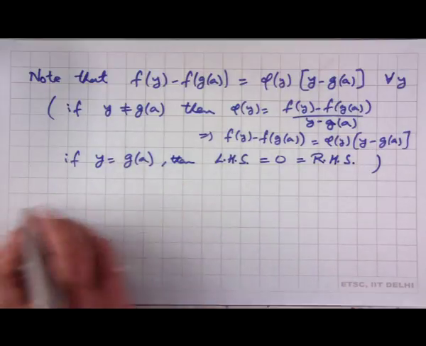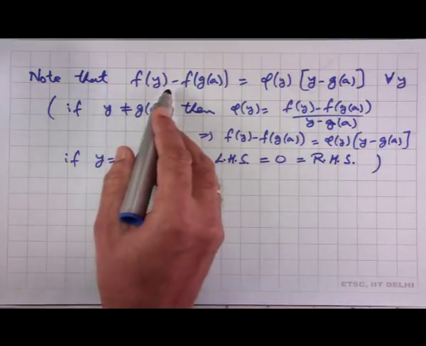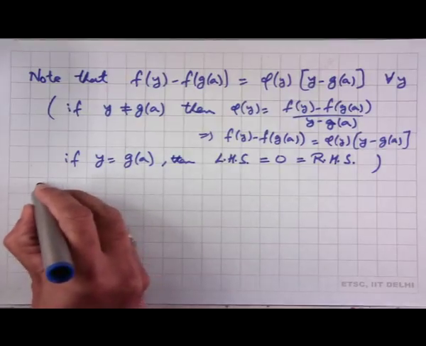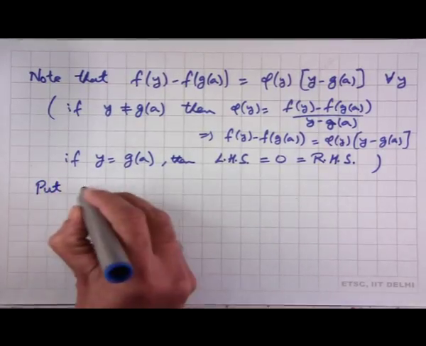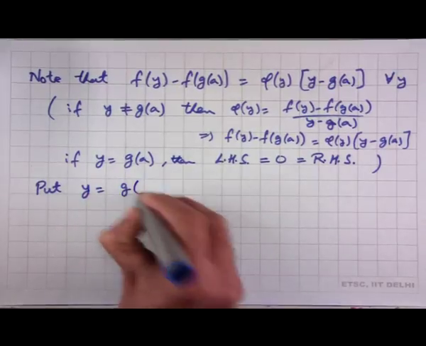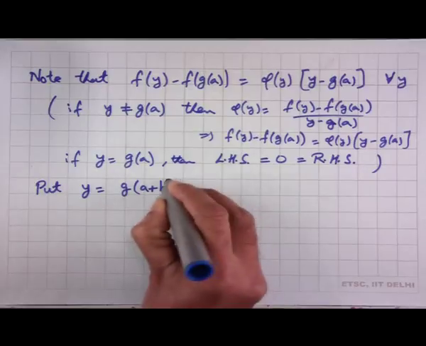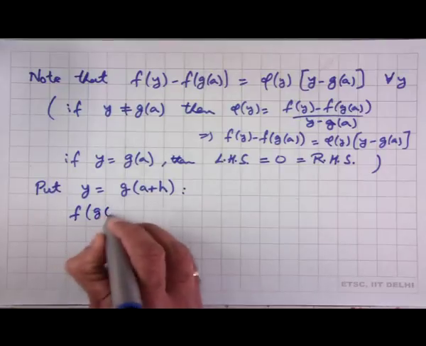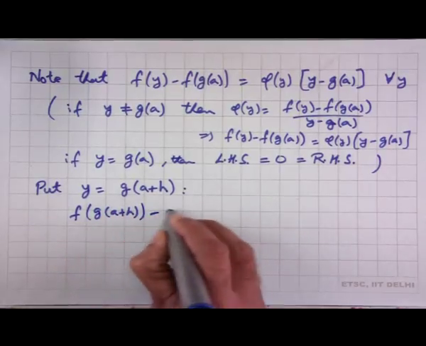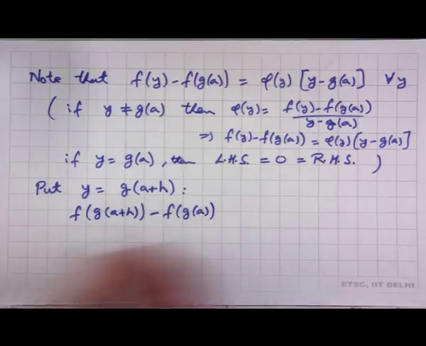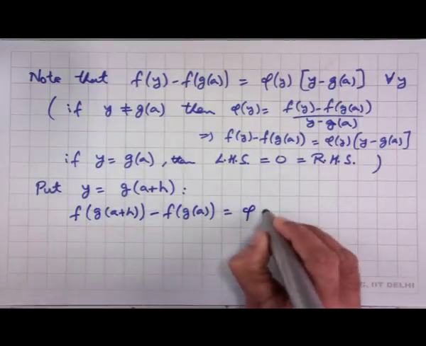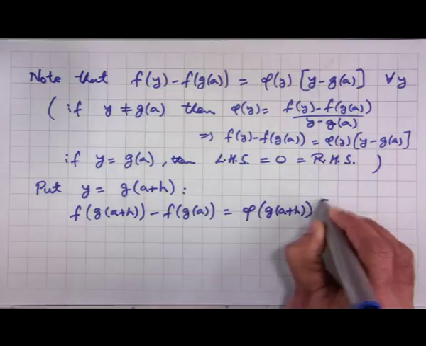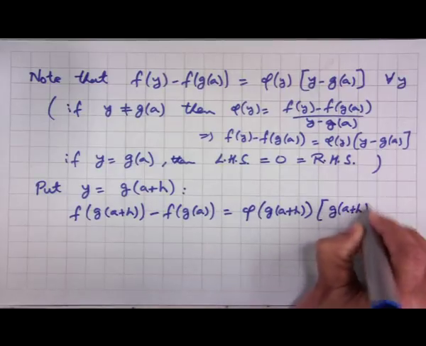So, now to find the limit of f(g(x)) - f(g(a)), we just put y equal to g(a) + h. Then what do we get? f(g(a+h)) - f(g(a)) is equal to phi of g(a+h) times [g(a+h) - g(a)].